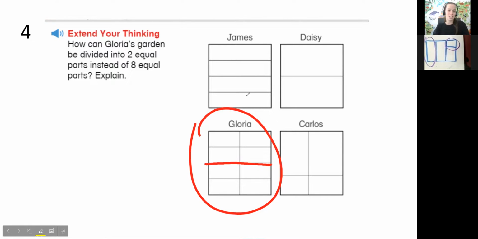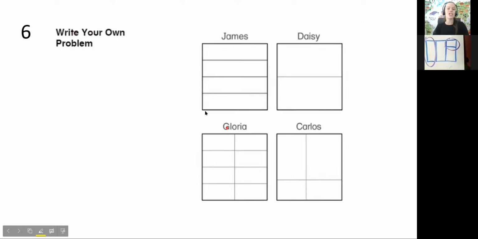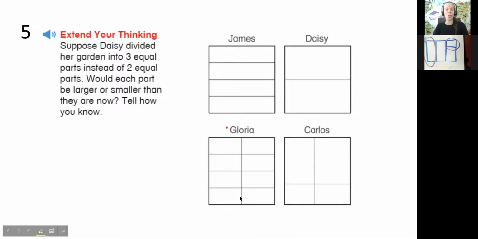All right. So let's challenge yourself a little bit more. Same shapes. Suppose Daisy, where's Daisy? There she is. Divided her garden into 3 equal parts instead of 2.